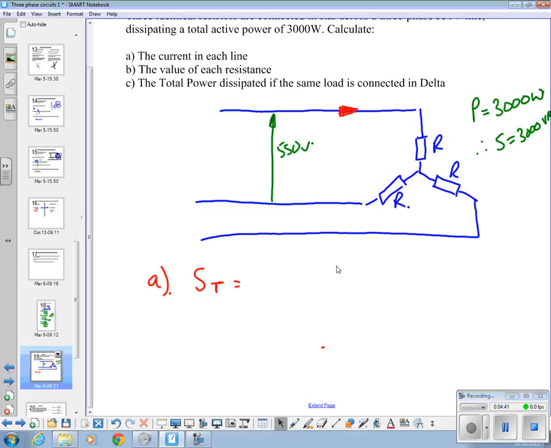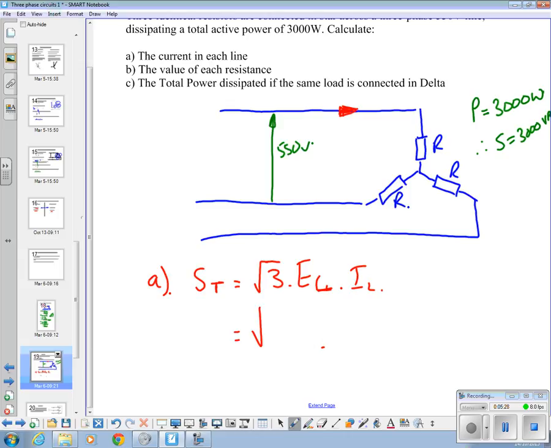Right, Alan, give me the right equation this time, bearing in mind that you know EL and you know ST. ST is root 3 EL times IL, and if you remember that one, that works for both systems, doesn't it?